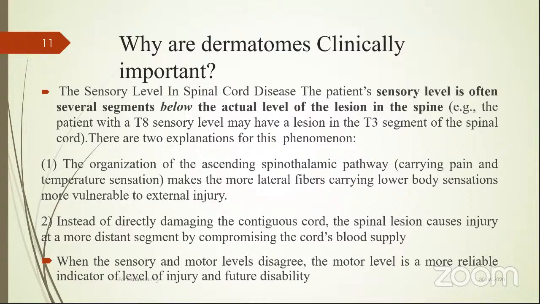If it is like that, then mostly you can go with the motor level rather than the dermatome, because dermatome has the problem that it can influence other areas, because of blood supply to the spinal cord or because of the arrangement of ascending pathways. So if there is a conflict between motor level and dermatome level, we can mainly go to the motor level and do clinical decision making.